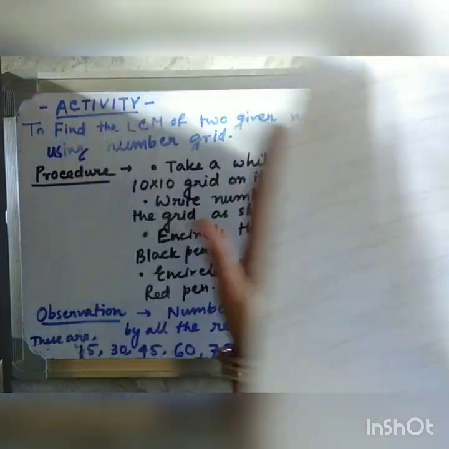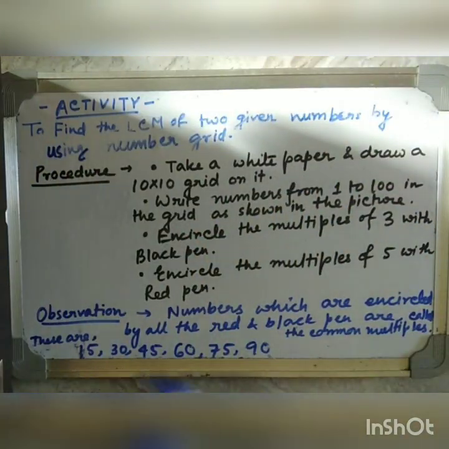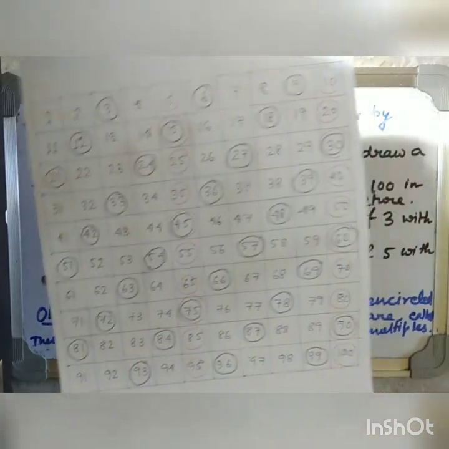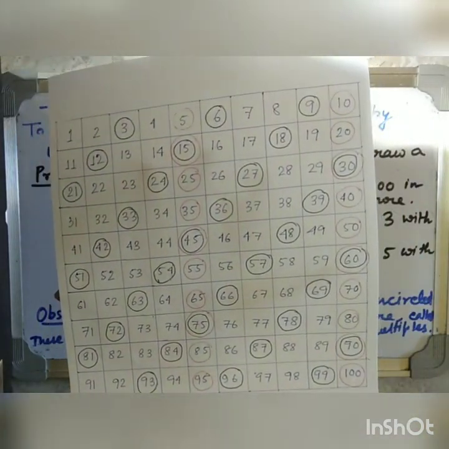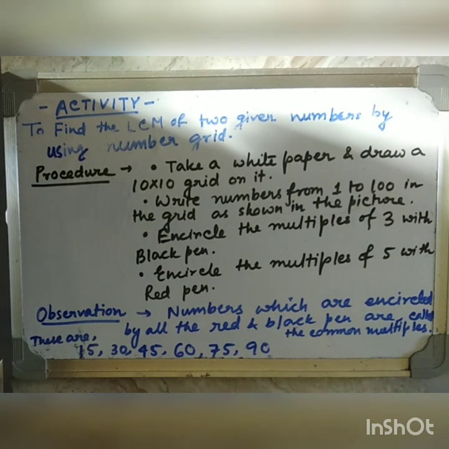Okay. Now in the observation we have written numbers which are encircled by both the red and black pen are called the common multiples, which I have just told, and these are 15, 30, 45, 60, 75, 90. Okay. These numbers are encircled by both red and black pen. You can see that. Okay. Now what we have to do? We have to write the result.